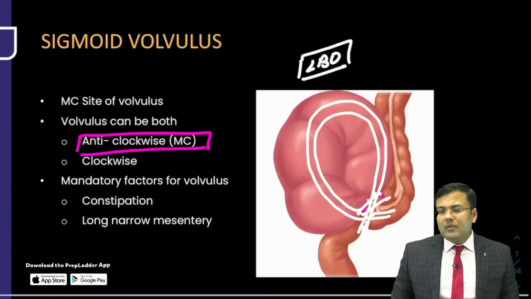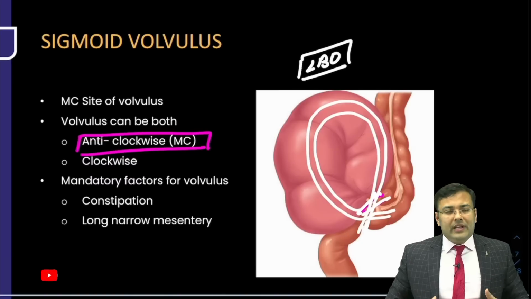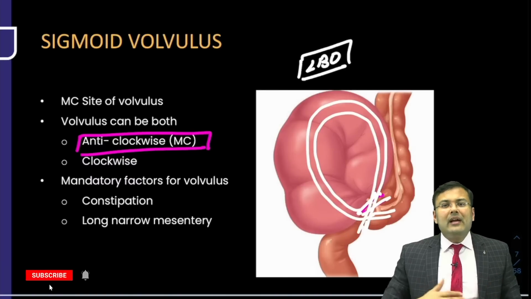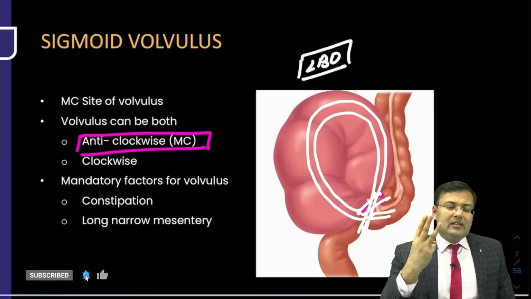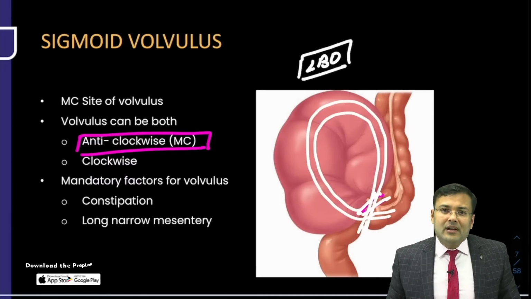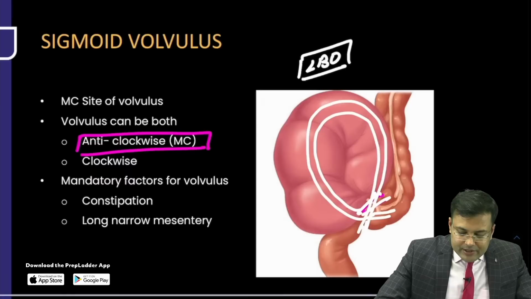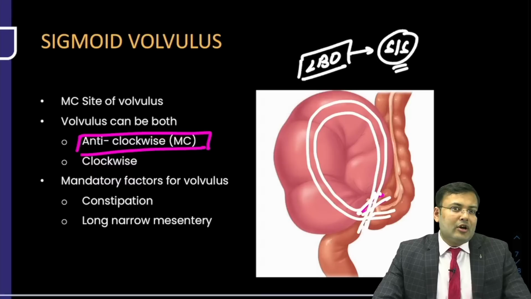Lower abdominal pain, that is colicky pain. Second, abdominal distension. And third, non-passage of feces and flatus, known as absolute constipation, also known as obstipation. So first, these patients will have signs and symptoms of large bowel obstruction.